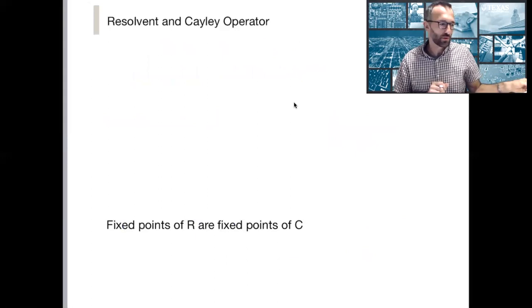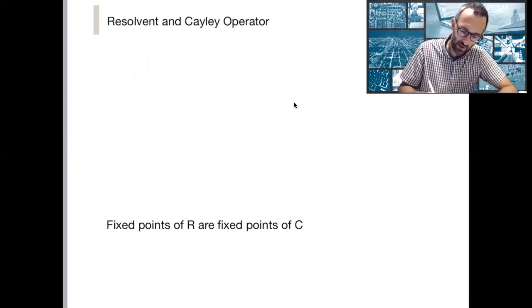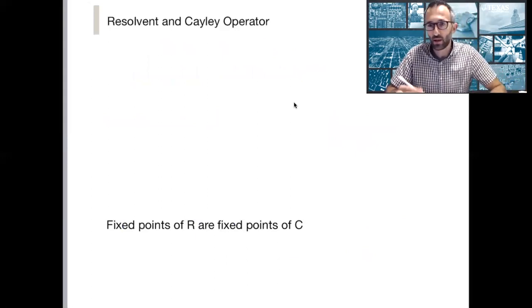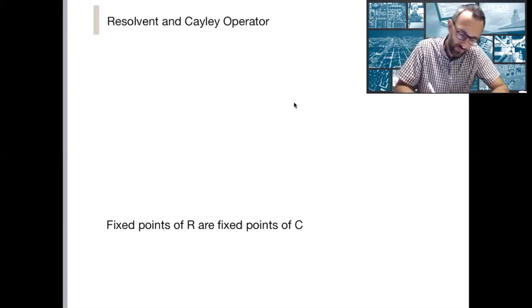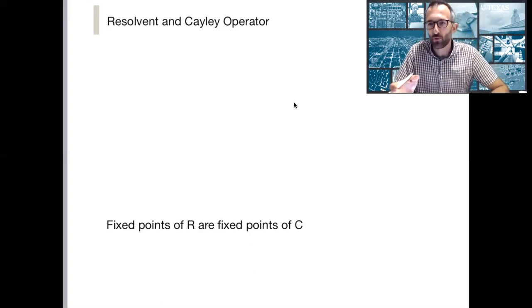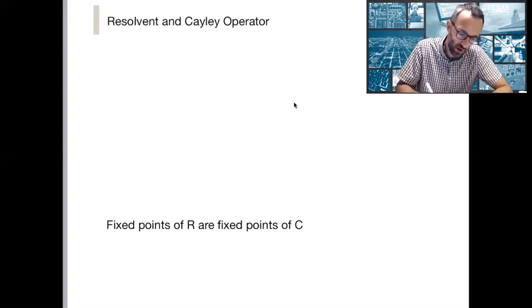We've talked about the resolvent. Let me write that down again, and then write down an operator that's related to the resolvent called the Cayley operator. I've been using R for a general relation. Let me switch to another letter so that I can use R for resolvent and C for Cayley, just to make it a little easier to remember.